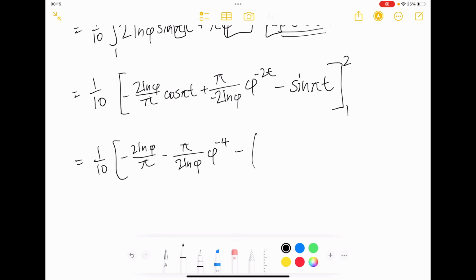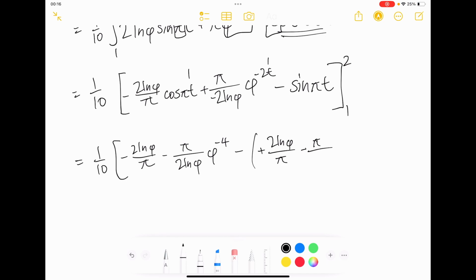plugging in 1. So plugging in 1 into here, we're going to get cosine pi. Cosine pi is -1, so we're going to get plus this, and plugging in 1 here, we're going to get positive, no, actually negative, because of the denominator.